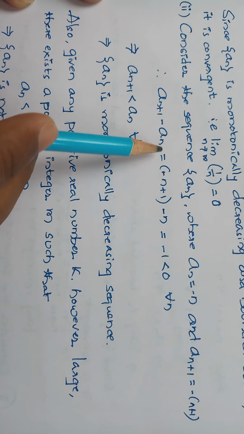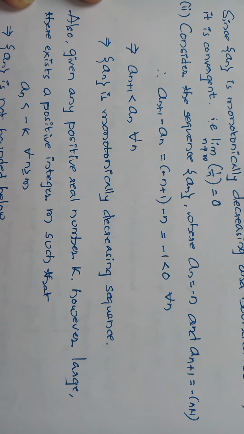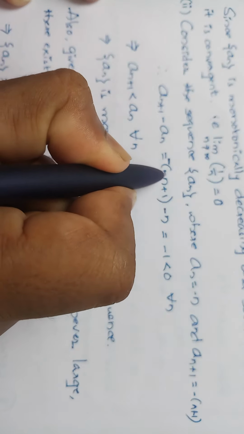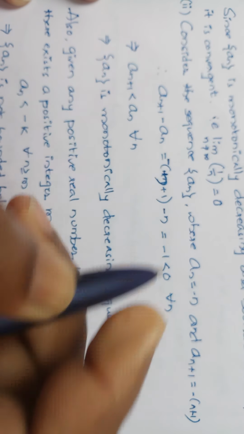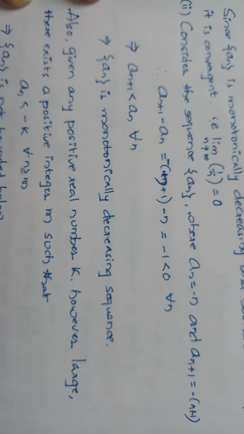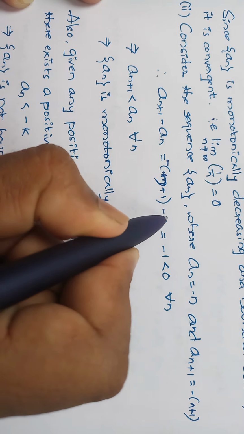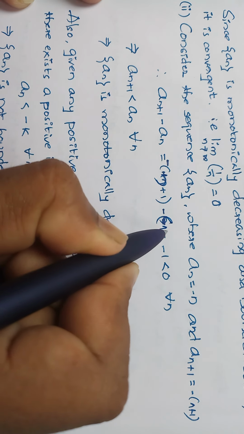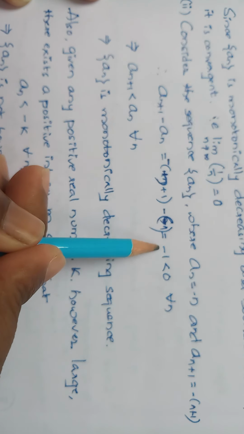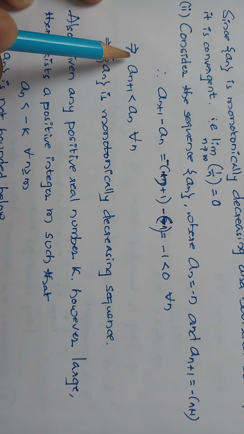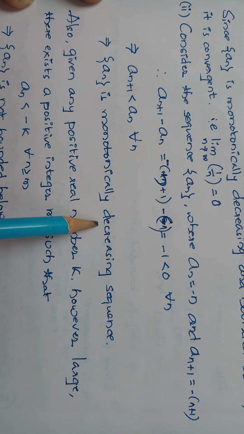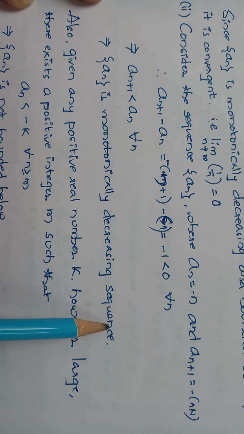So a_(n+1) minus a_n is equal to minus of n plus 1 minus n, which is minus n minus 1 plus n, that is minus 1, which is less than 0 for all n. That implies a_(n+1) is less than a_n for all n. Therefore a_n is a monotonically decreasing sequence.